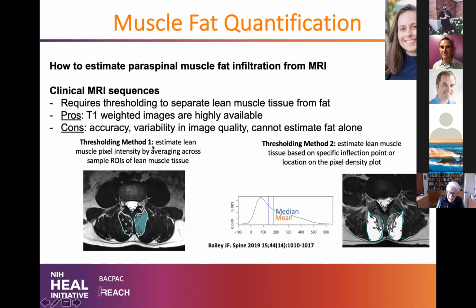What you need to do, of course, is establish some sort of threshold so that you can distinguish the fat compartments from the muscle compartments. Jeannie looked at different methods to do that, and then you get basically a binarized image where you can nicely see all the voxels that you attribute to fat and the voxels that you can attribute to lean muscle tissue.